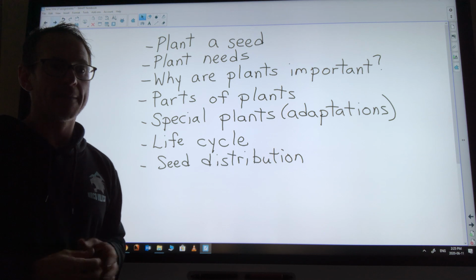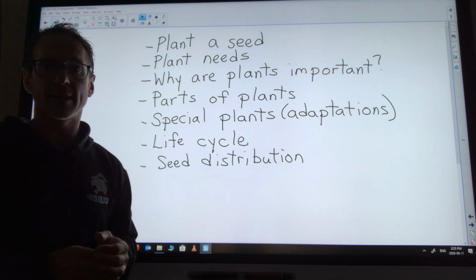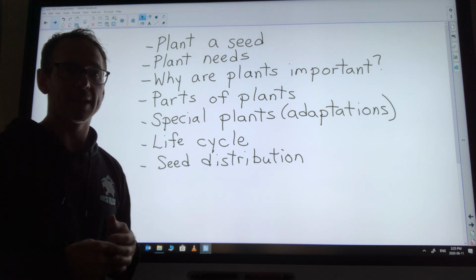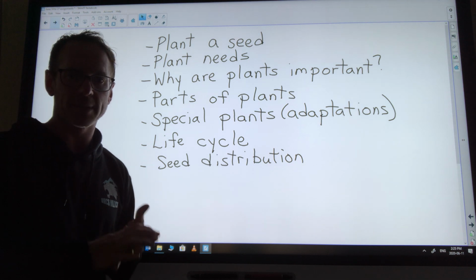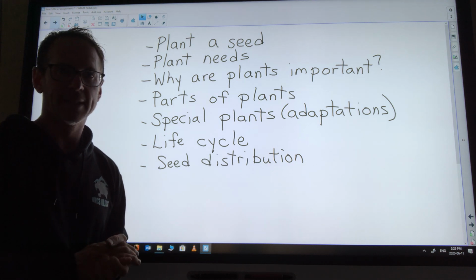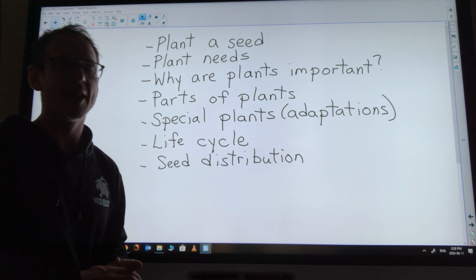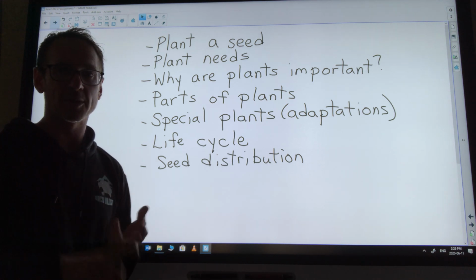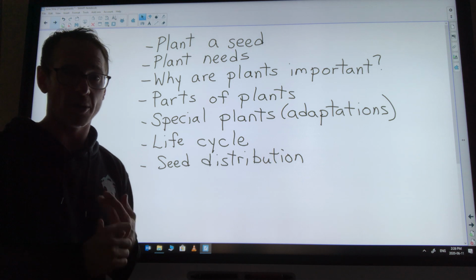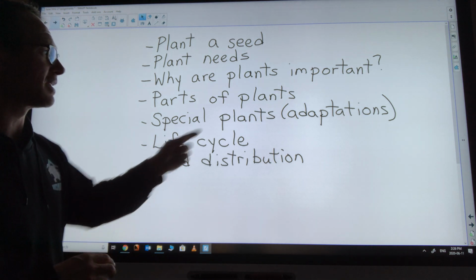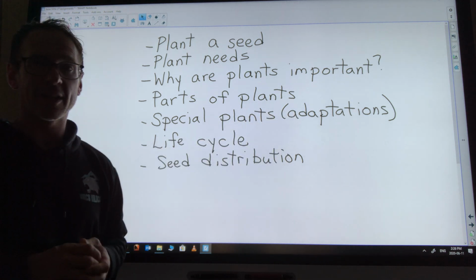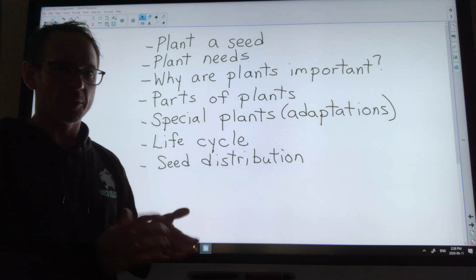Some plants can grow in soil that has very few nutrients because they have traps to catch bugs, so they can get their nutrients from the bugs. They're called carnivorous plants. We also talked about climbing plants, succulent plants, and water plants. These all have different adaptations so that they can grow in a place that other plants can't grow.